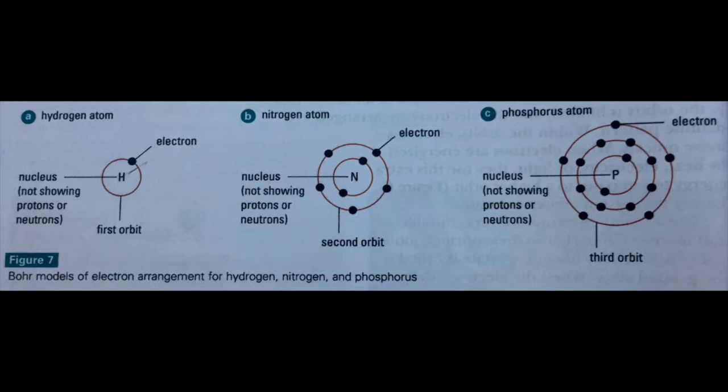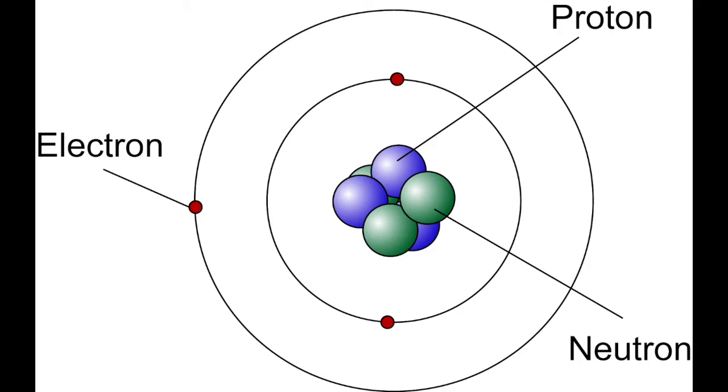Phosphorus, symbol P, with an atomic number of 15, has 15 electrons. 2 electrons are in the first orbit, 8 are in the second, and 5 in the third. Figure 7. Bohr models of electron arrangements for hydrogen, nitrogen, and phosphorus.